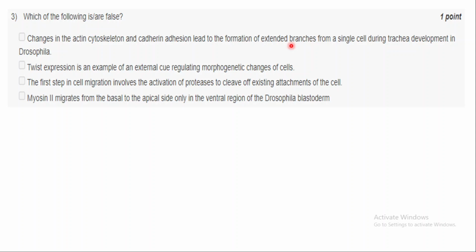Statement 3, the first step in cell migration involves activation of proteases to cleave off existing attachment of the cells. What is the first step in cell migration? And option 4, myosin 2 migrates from basal to apical side only in the ventral region of the Drosophila blastoderm. So these are the 4 statements, and you have to pinpoint which are the false statements, which are not correct.